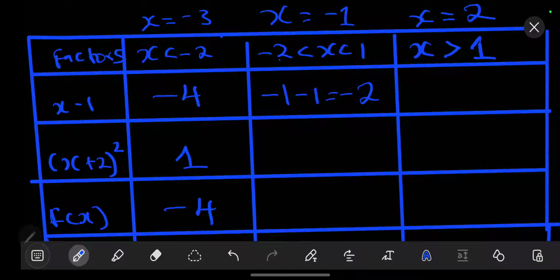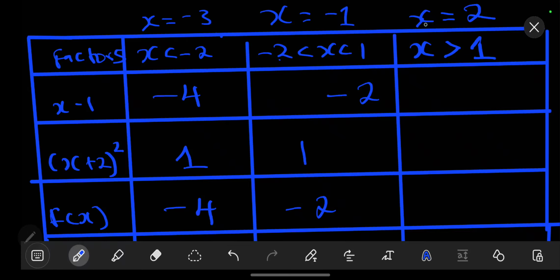So here we are going to have -1 plus 2 squared. -1 plus 2 will give us +1. +1 squared is just 1. So therefore we have a 1 there. Then we have -2 times 1. This will give us -2.